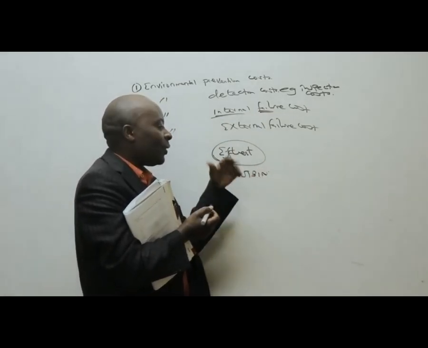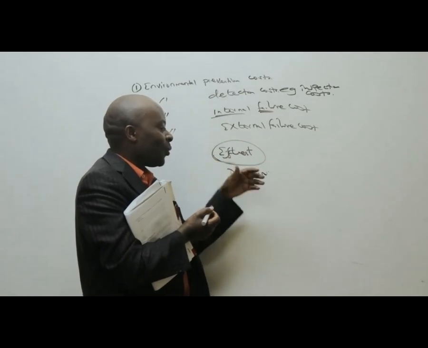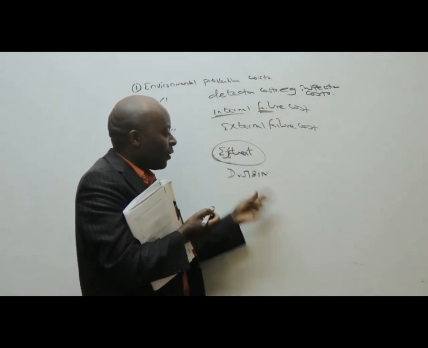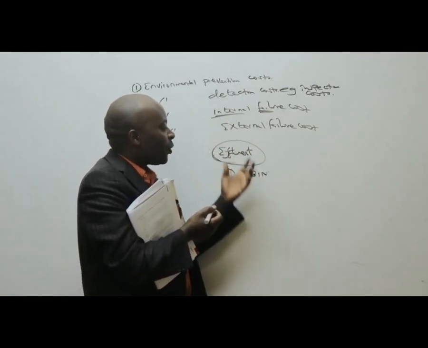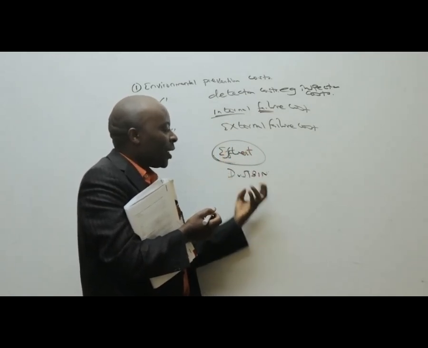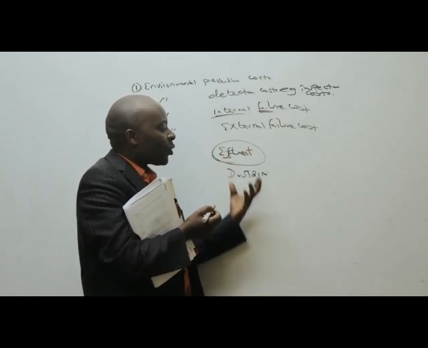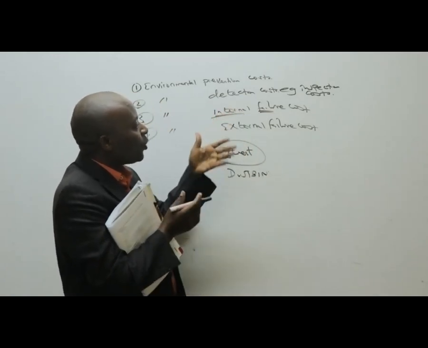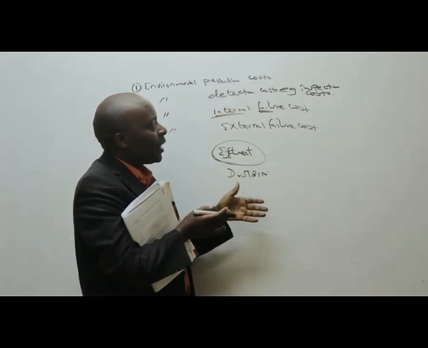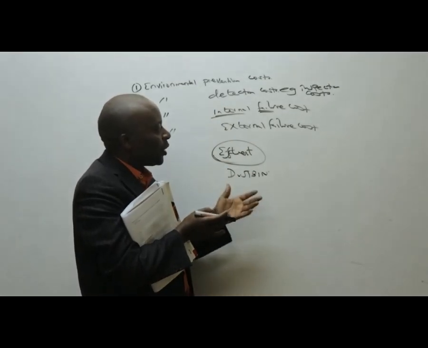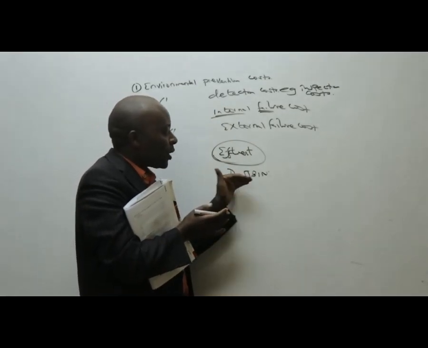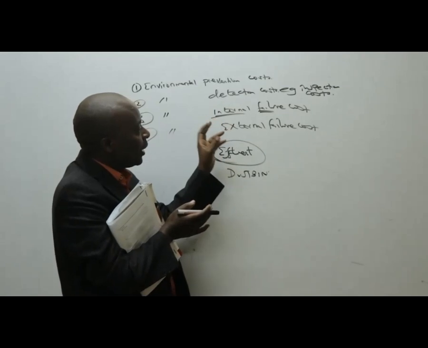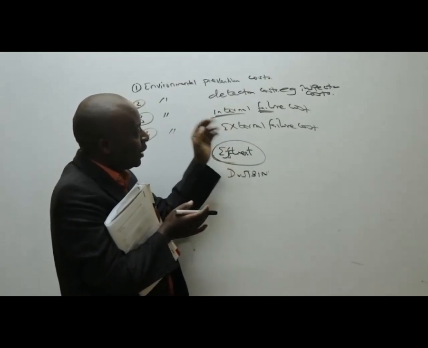You can't convert everything 100% to the final. About 10%, 5% has to be waste. So this waste is well within the organization, kept, for example, in these dustbins. So how do we dispose? This is that waste which is within our control, in our dustbins. So whatever cost you incur to dispose such is what will be referred to as an environmental internal failure.